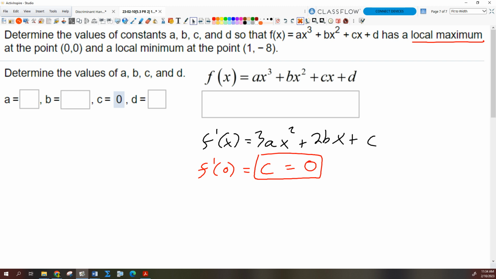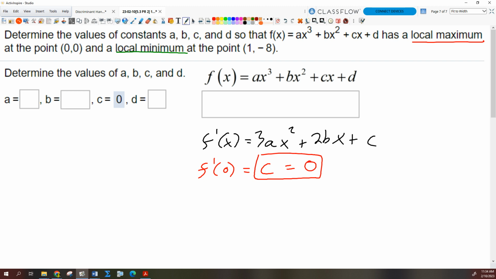Okay. What about this local minimum? What's that tell us? If a local minimum occurs at the point 1, -8, what is f prime of 1? If it's a local minimum, it's got to be a 0 derivative, doesn't it?